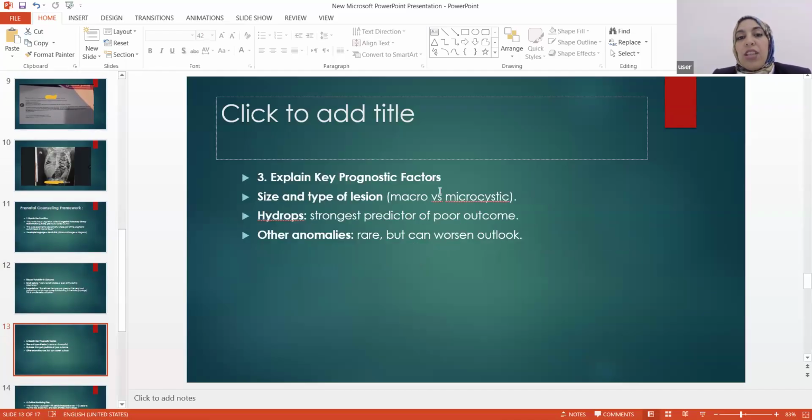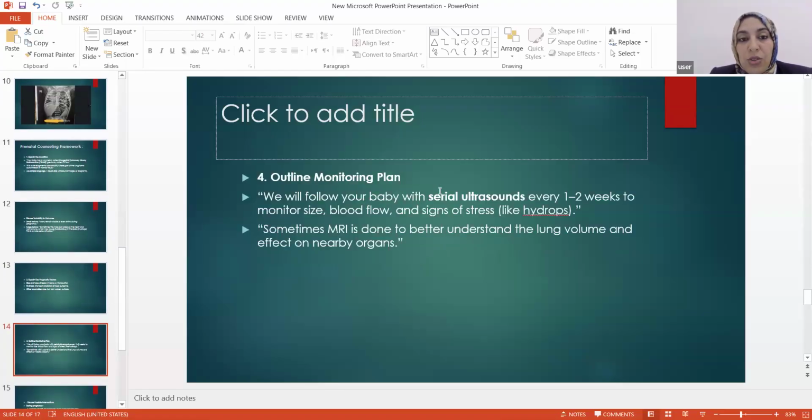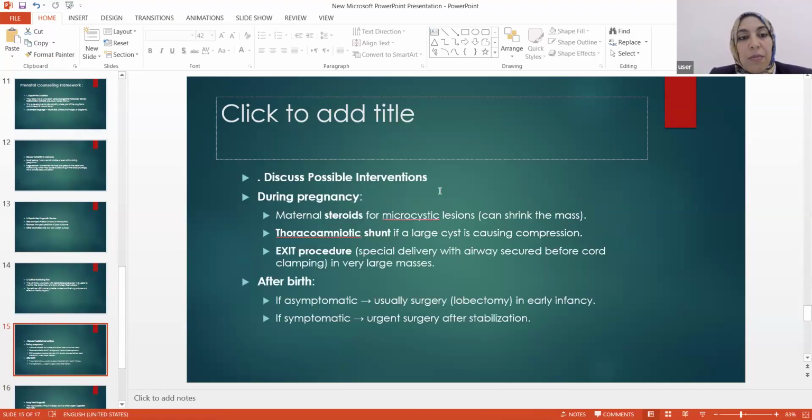Explain the key prognostic factors. What affects the prognosis of this condition? The size, the type of lesion, if there is any associated hydrops, if there is any associated abnormality. And also outline the monitoring plan. We need to follow up this fetus through serial ultrasound, and if we need to, for example, MRI. If there is any other monitoring plan, discuss this with the patient.